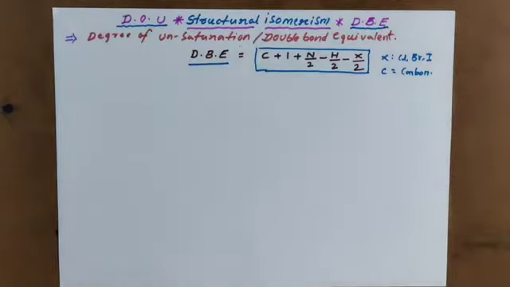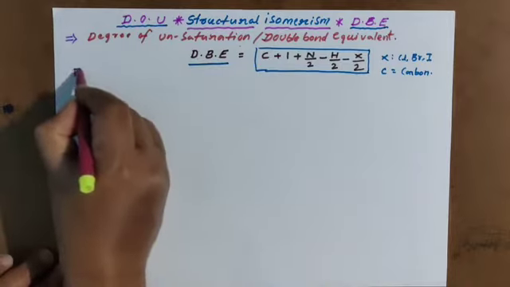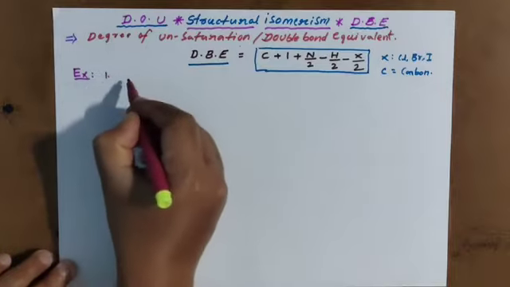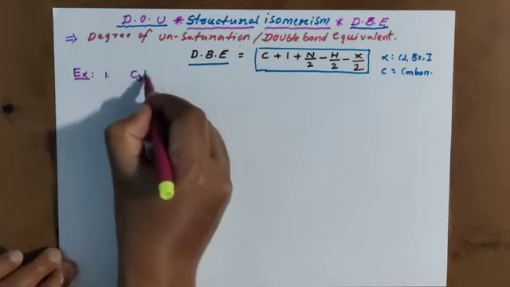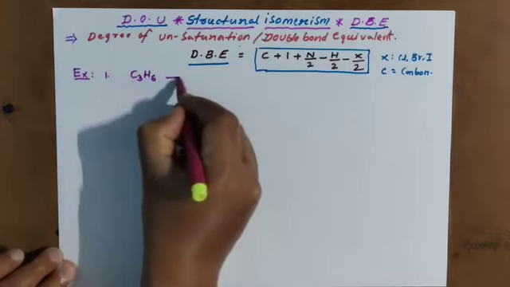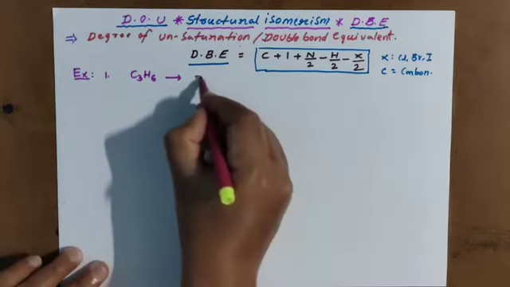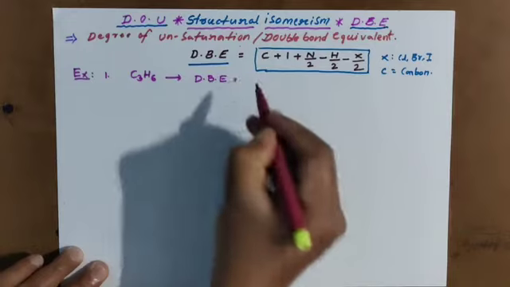Let me start with an example. Example 1: I am explaining how many possible structural isomers are present in C3H6. First, we have to calculate DBE for this compound.